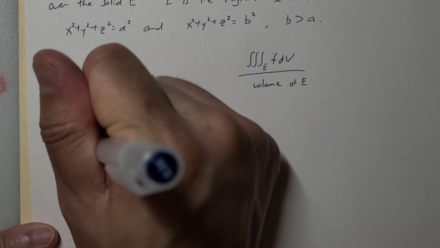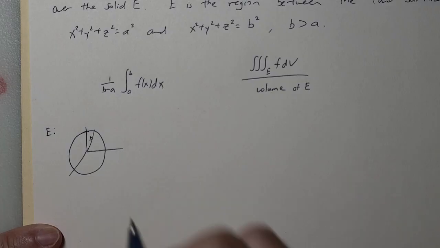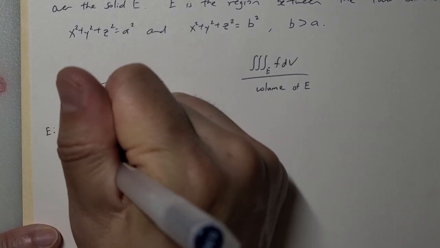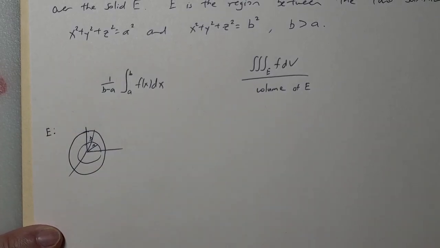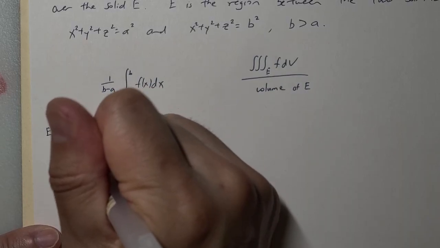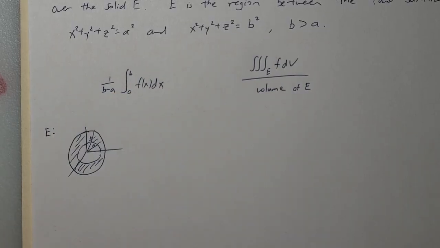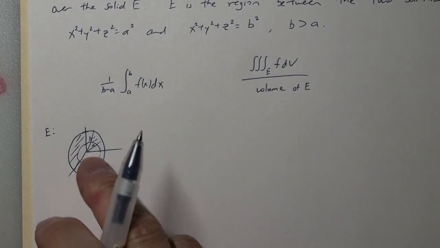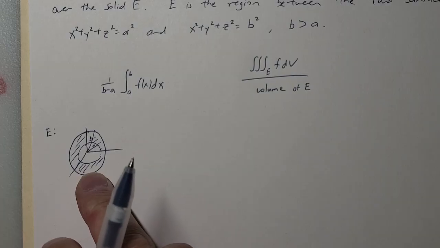This has radius b, and then another sphere with radius a. So this in between is the region E. What's the volume of this in between?